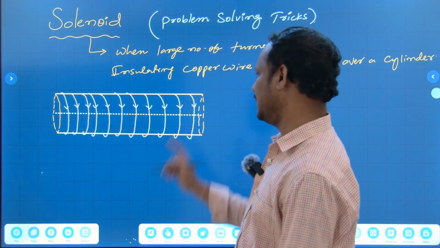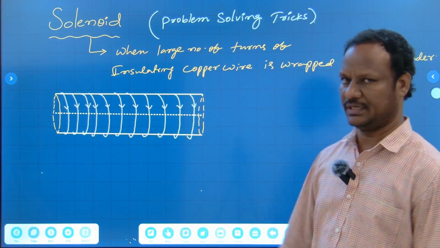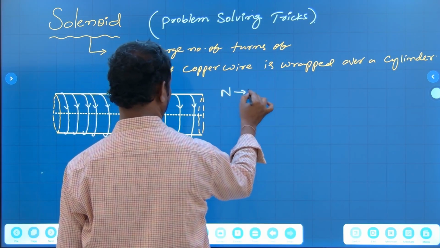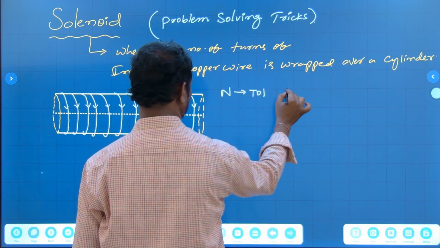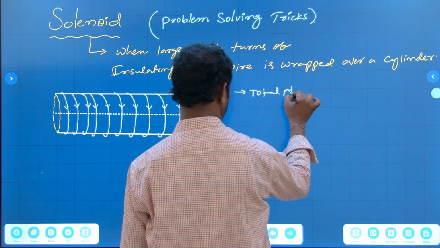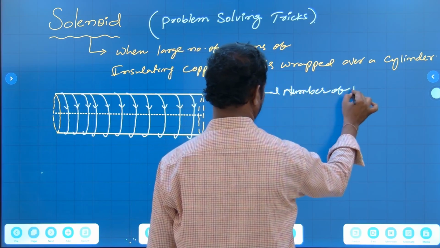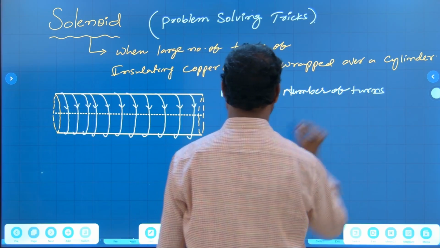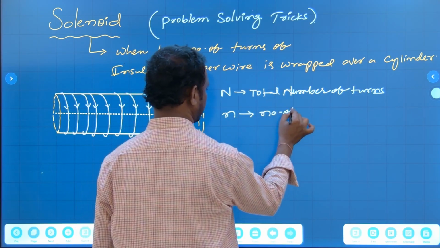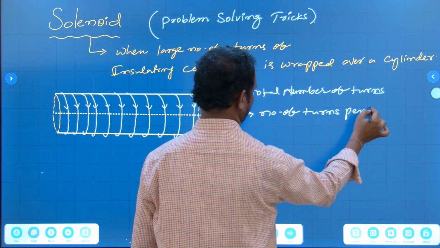The solenoid has N number of turns wrapped over it. Capital N is the total number of turns. And small n is the number of turns per unit length.